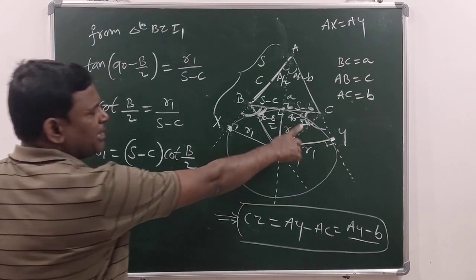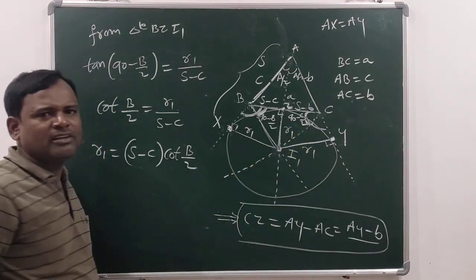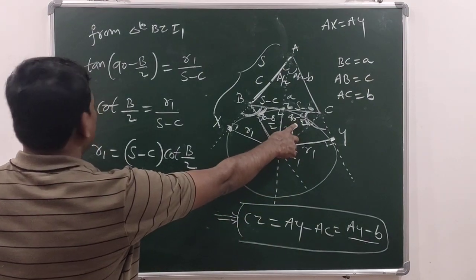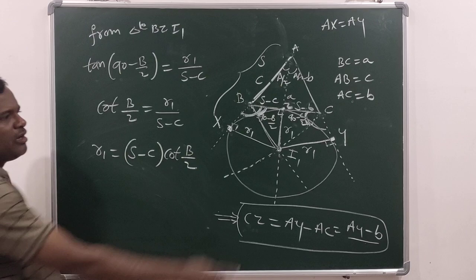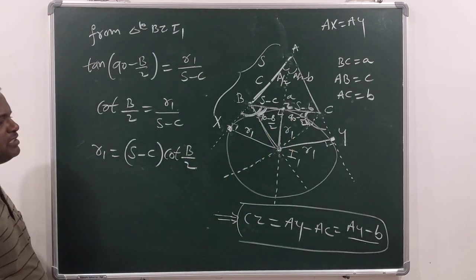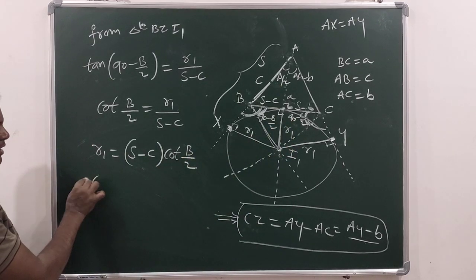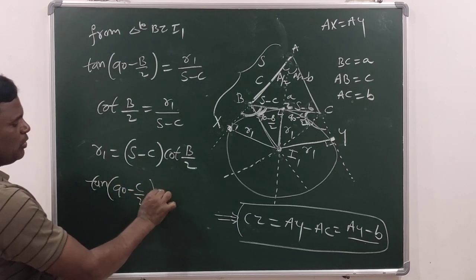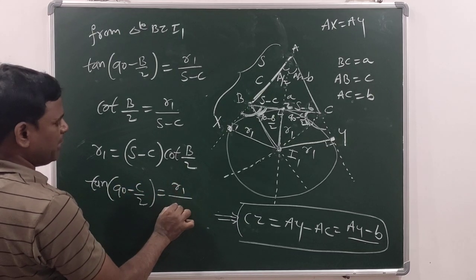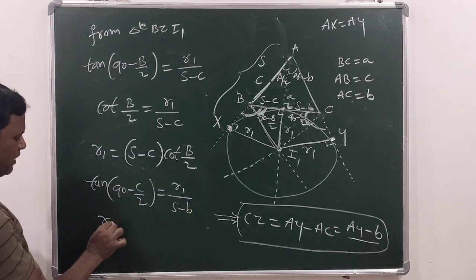In the same manner, go here and define tan 90 minus C by 2. Tan 90 minus C by 2 is equal to R1 by S minus B, you will get. Now simplify.